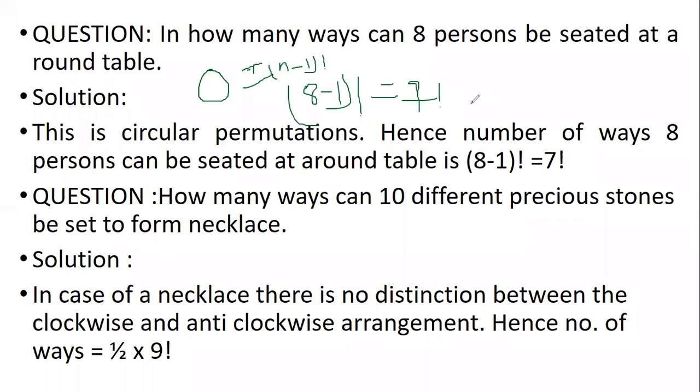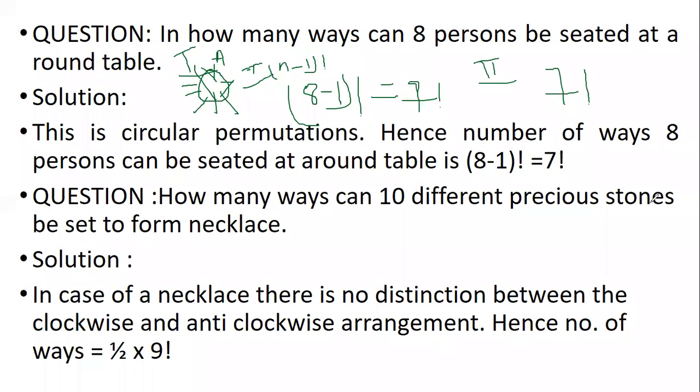That will be the answer under the first method. Another method is we fix one person here, that is A, and the rest, all 7 of them, we arrange in permutation. Since 1 out of 8 is fixed, the rest are 7, so we arrange them in 7 factorial ways. You will get the same answer using both methods. So that was problem number 1.